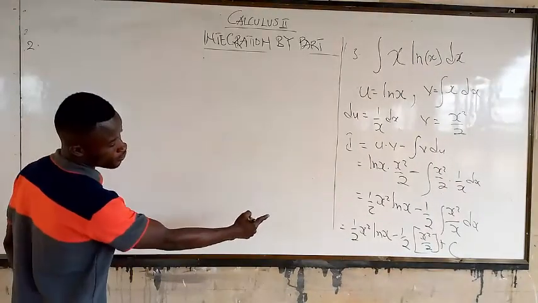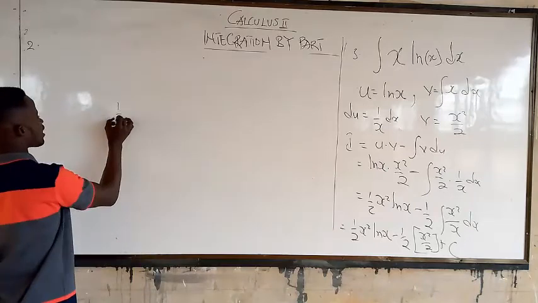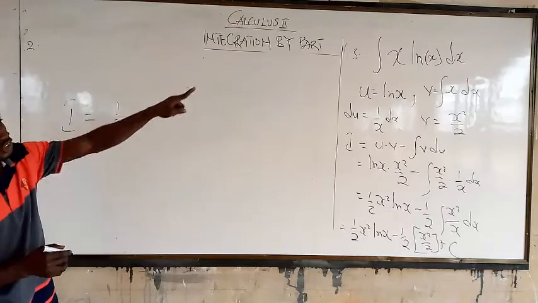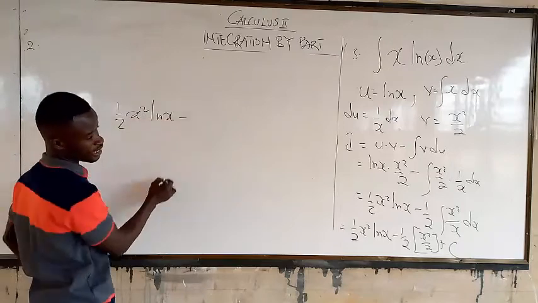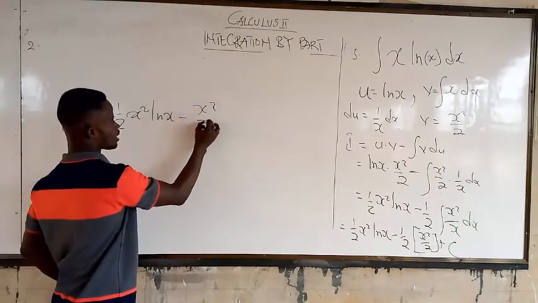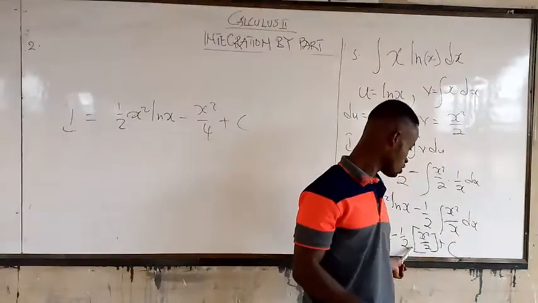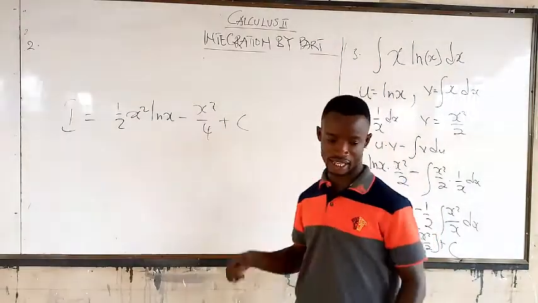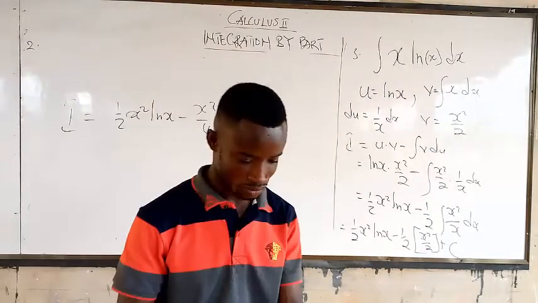So now, you can see that with this, we are going to get half the integral, which is the original question, is going to be half s squared ln s minus s squared over 4 plus c. So that is going to be the final answer for such question.